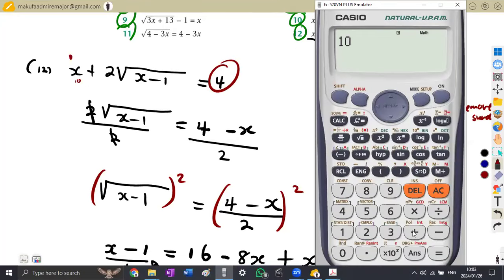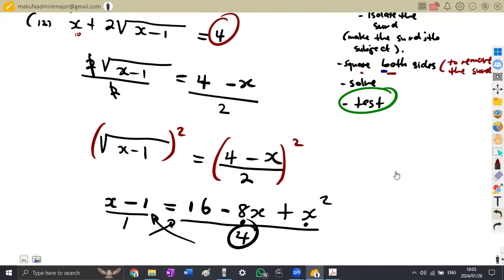So 10 plus 2 times the square root of x minus 1, which is 10 minus 1 under the square root. We are expecting to obtain a 4. Let's simplify. This gives us a 16, not a 4. So this is not a solution.